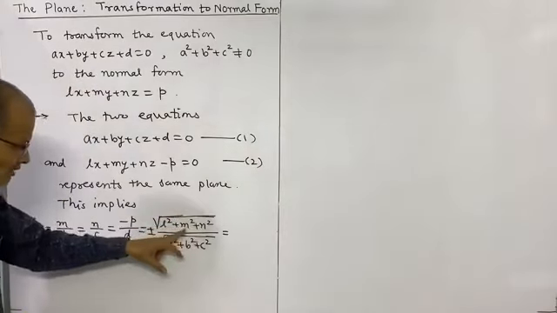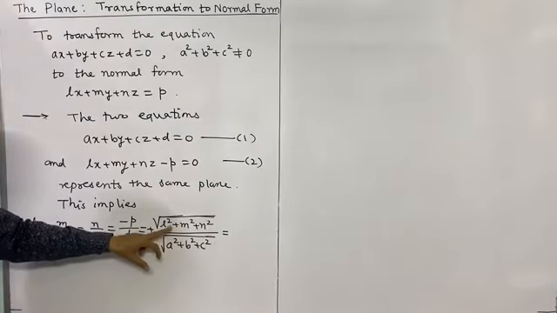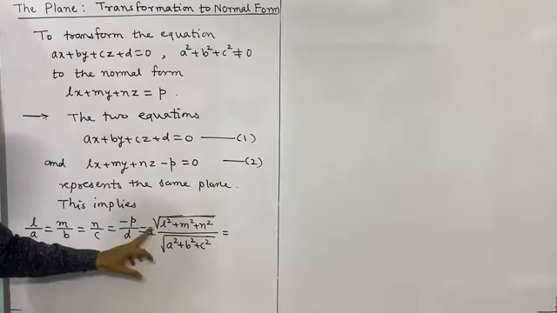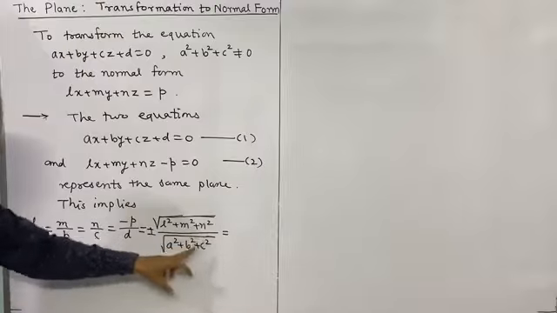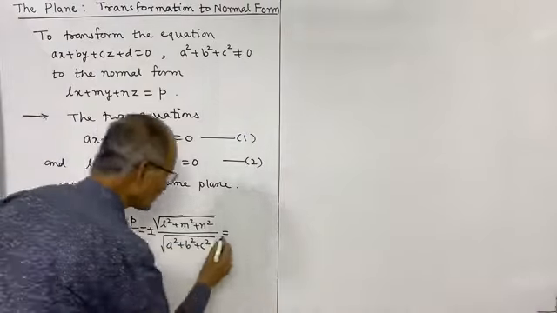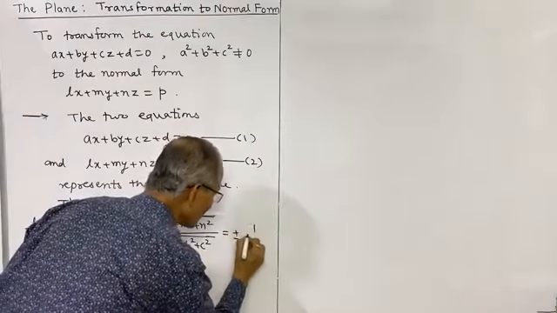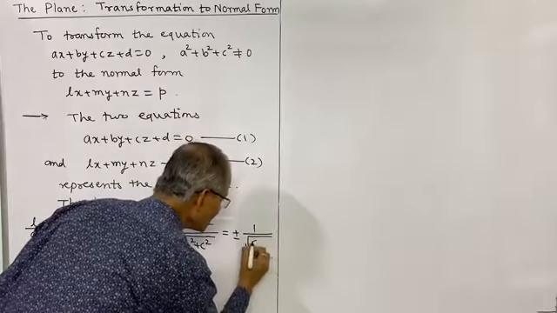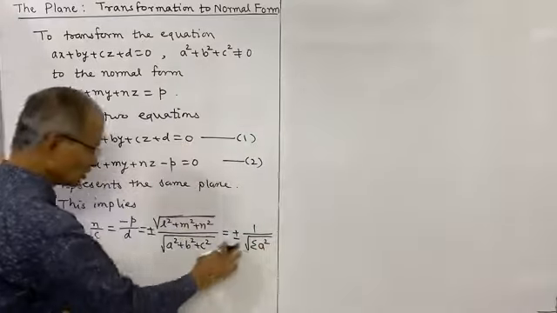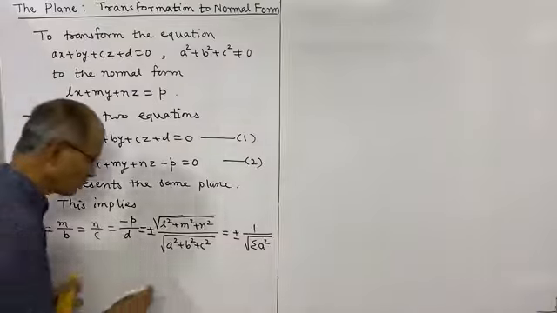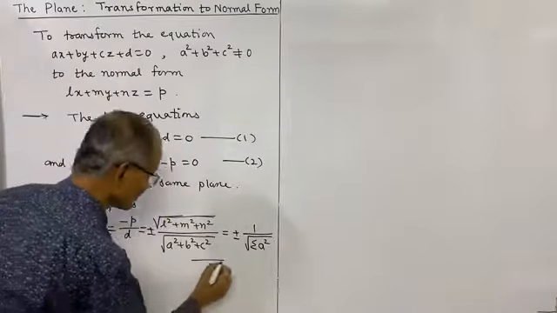So this is root 1, which we consider as 1. Therefore this will be plus or minus 1 divided by root of summation a squared, which we write in short form, and we will call this the third relation.